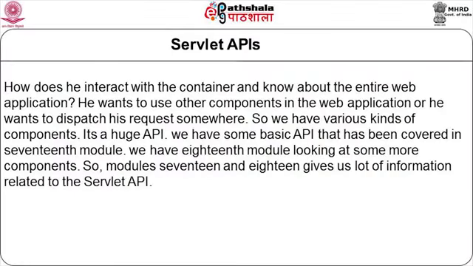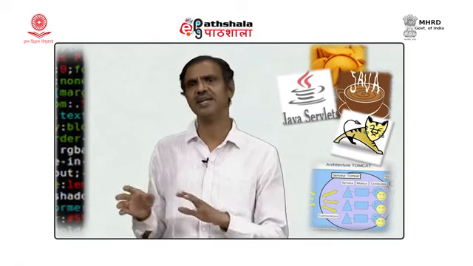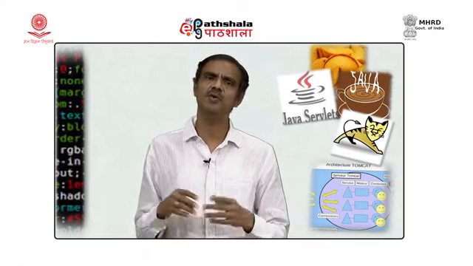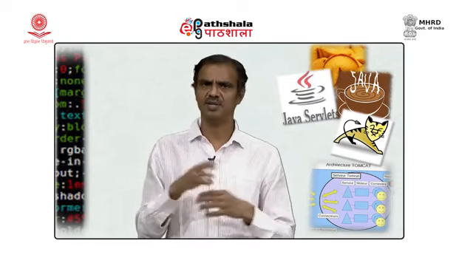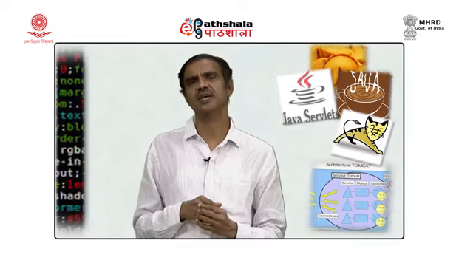So, he wants to dispatch his request somewhere. So, we have various kinds of components. It is a huge API. We have some basic API covered in module number 17, and module 18 looks at some more components. So, those 2 modules 17 and 18 mainly tell us what is there in the servlet API, a lot of things related to the servlet API.